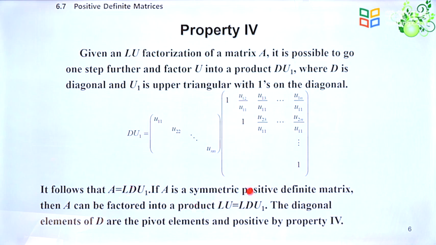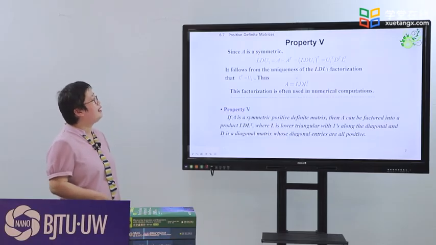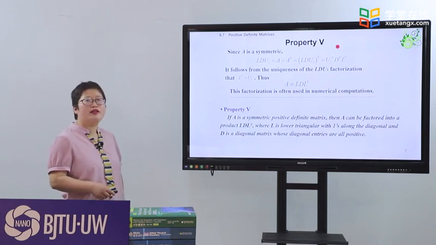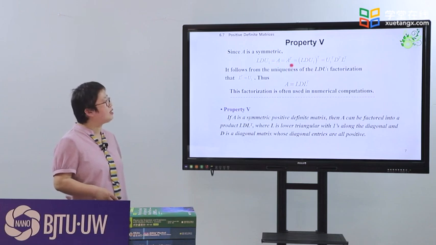If A is a symmetric positive definite matrix, then A can be factored into a product L times U equals L D times U1. The diagonal elements of D are the pivot elements and are positive by property 4. So we know U11, U22 till UNN are positive numbers. And because A is symmetric, we also have L D U1 equals A transpose.